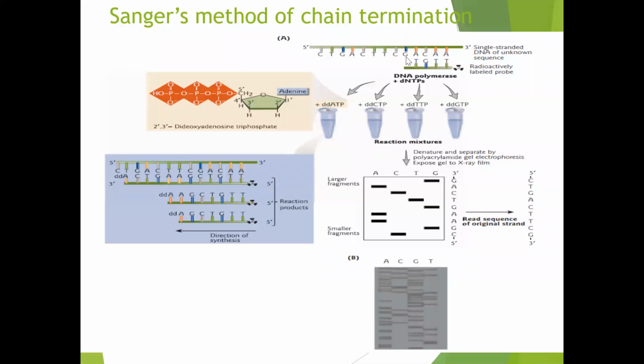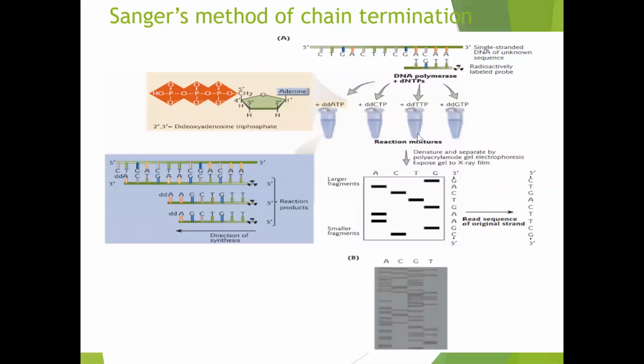Here is one G. 2. 1, 2. Only 2 are there, but here I think 3 bands are formed. Anyway, that's fine. G, 1, 2, 3. Maybe here one more G is there, which is not shown.